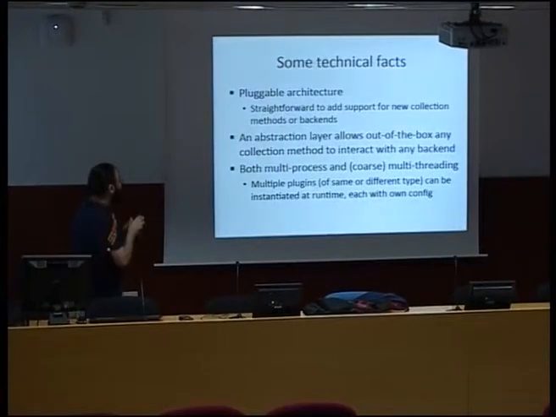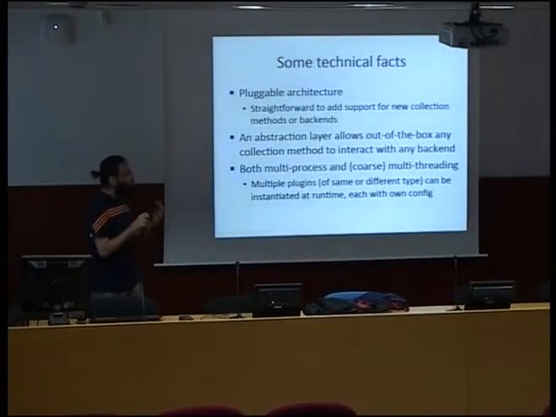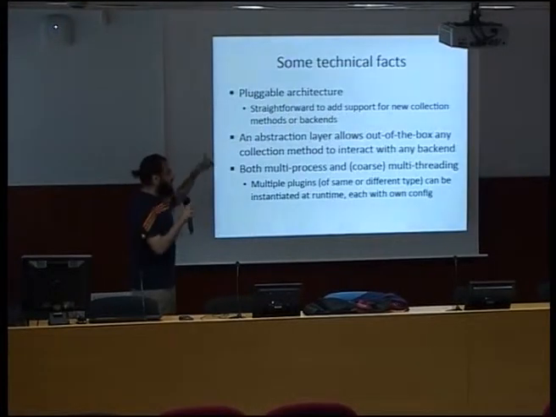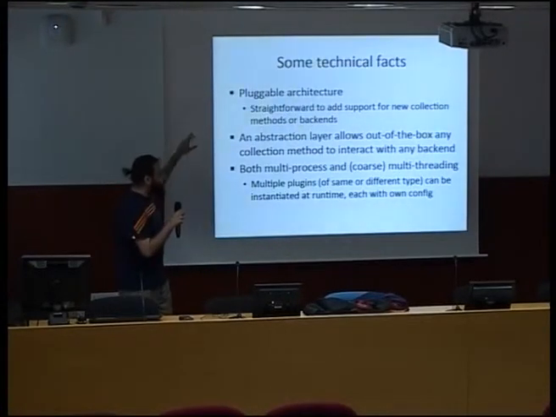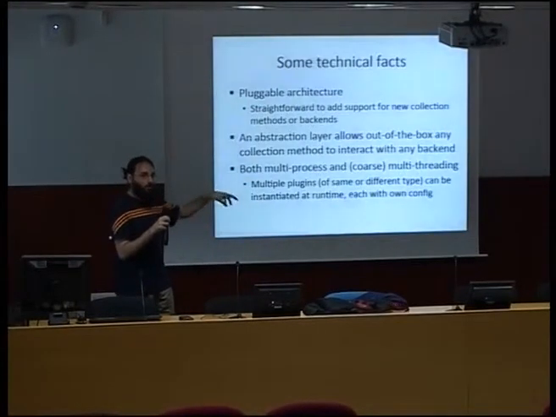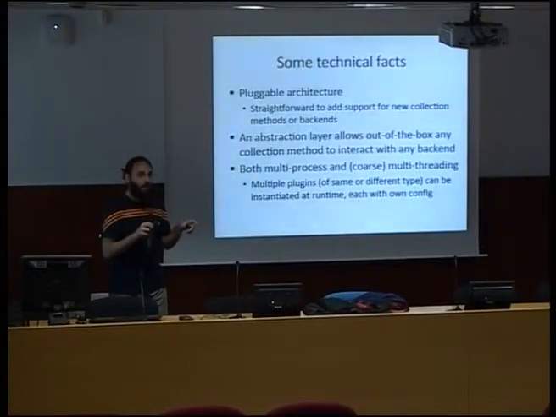And technical facts. Let's say there are two takeaway points about the technical facts, the architecture of pmacct. If you remember in that slide, you have on one side the network capturing methods and on the other, storage. So the first takeaway point is that in the middle pmacct has an abstraction layer, because you never want these two different pieces to communicate with each other directly.